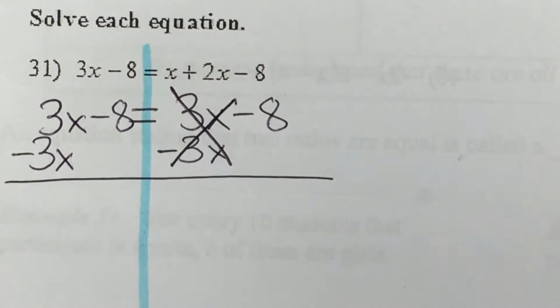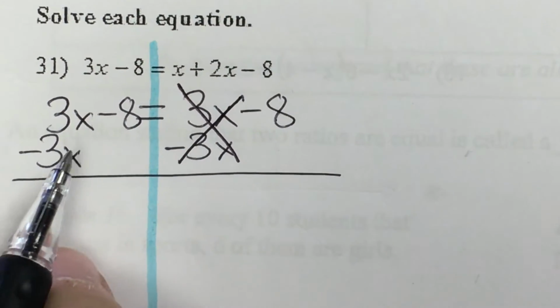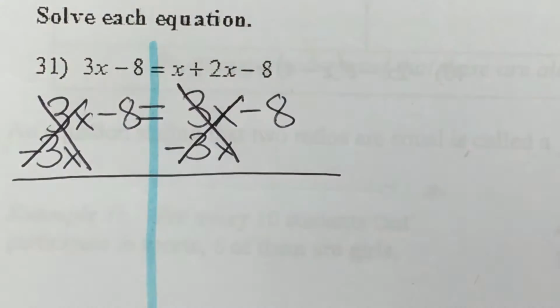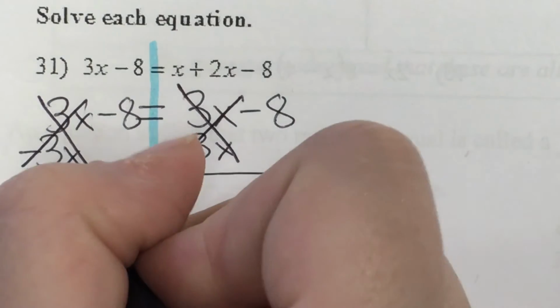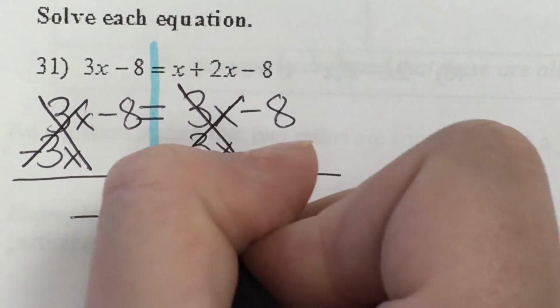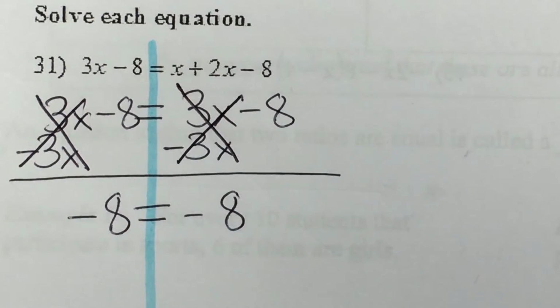They cancel, they're gone. And the same thing happens on the other side. 3x, 3x, they're gone. So all I have left is negative 8 equals negative 8. Is that a true statement? Does negative 8 equal negative 8? It sure does. Nothing else equals negative 8 but itself.